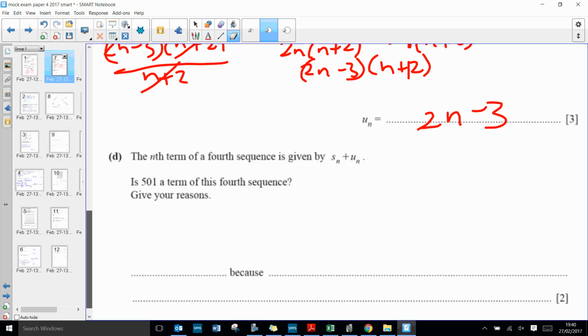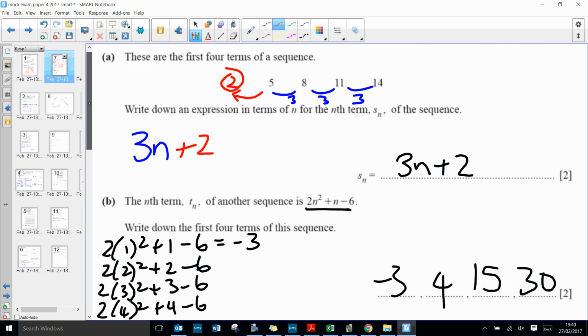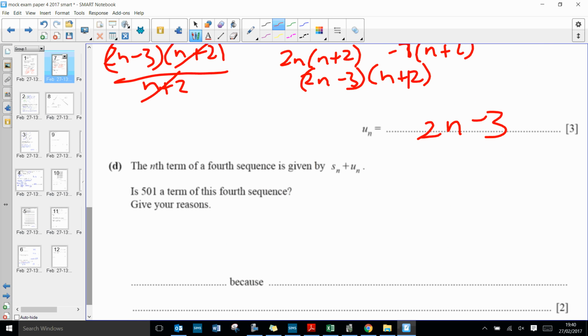The nth term of a fourth sequence is given by that. Is 501 a term of this fourth sequence? So, yes, so we have 3n plus 2 plus 2n minus 3. So that gives us 5n minus 1.